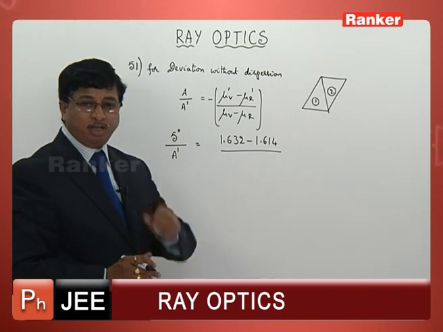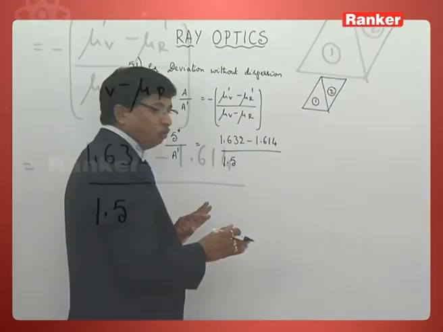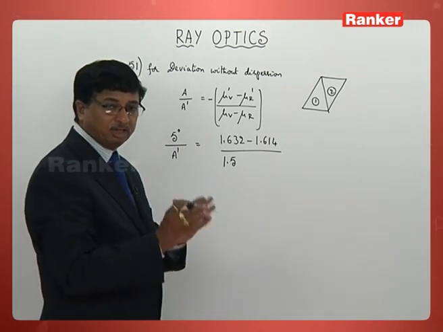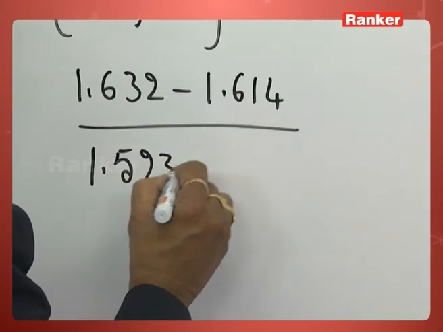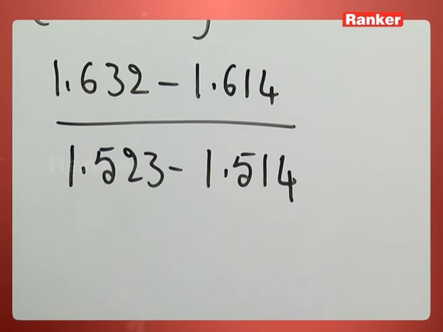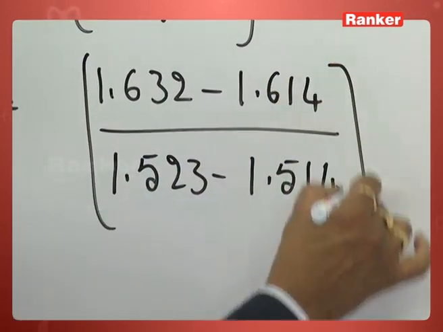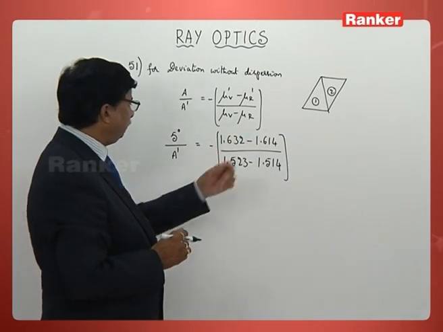What about the other pair he has given? 1.523 minus 1.514, totally with a negative sign as we write. Now what is the difference of these two?